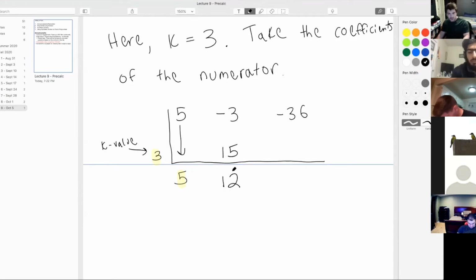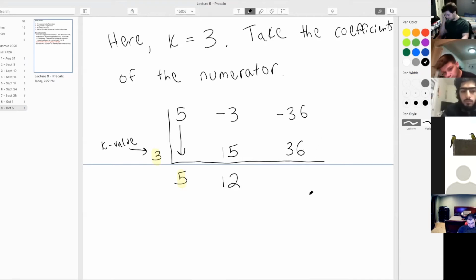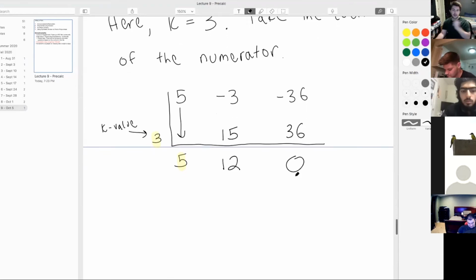Now do 12 multiplied by your k value, 3. 12 times 3 is 36, so you put the 36 right there. Again, add this column: -36 plus 36 is 0. And we're done. We actually have divided the polynomial already.